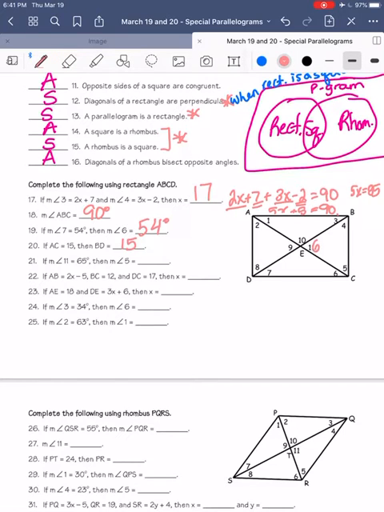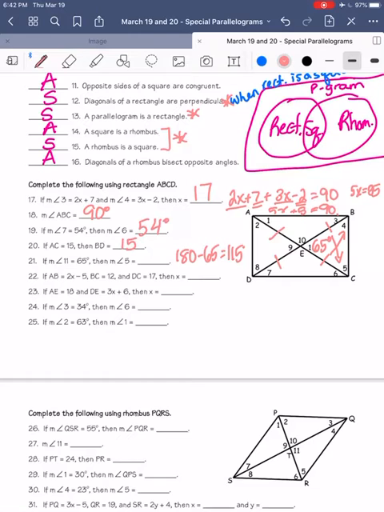All right, the next one says if the measure of angle 11, so let me put this in, is 65 degrees, then find the measure of angle 5. Okay, so we're going to use the diagonals and the isosceles triangles. So we know 4 and 5 are the base angles that are congruent. So first we're going to do 180 minus the 65, which will give us 115.